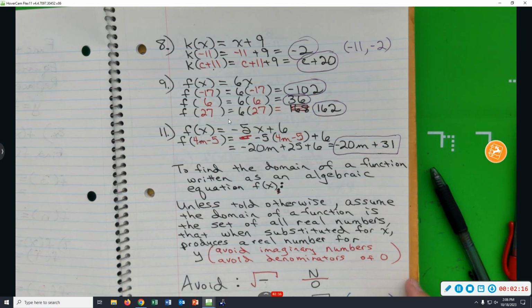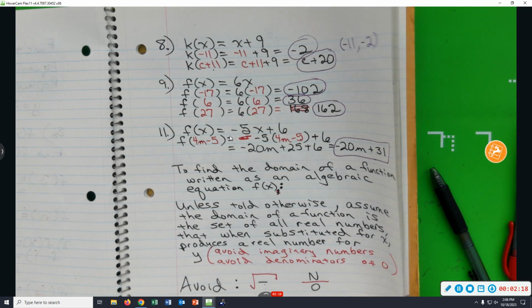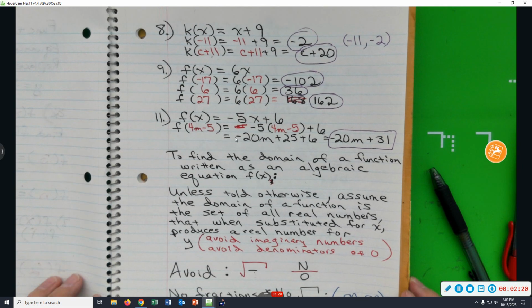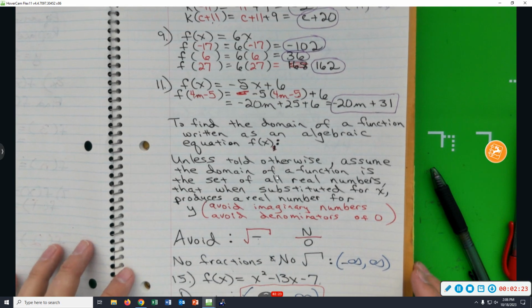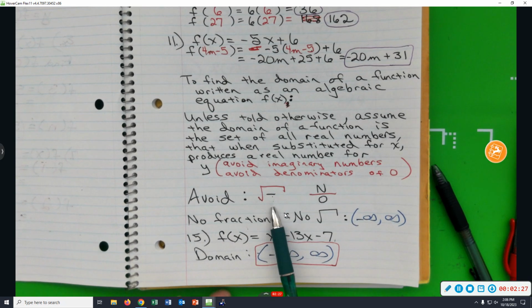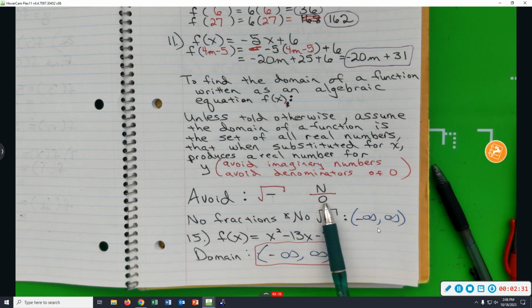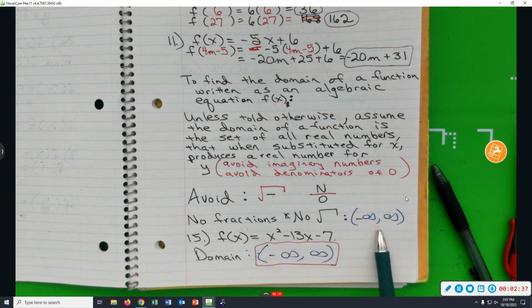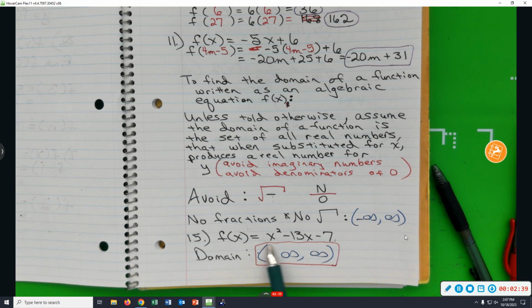So let's start piecewise. No, there's one other thing I want to mention right now. When we're finding domains of functions, remember I said the last time, if your function has no fractions and no square roots, what do you assume the domain is? All real numbers. This is a quadratic function, this thing we wrote here: x squared minus 13x minus 7.